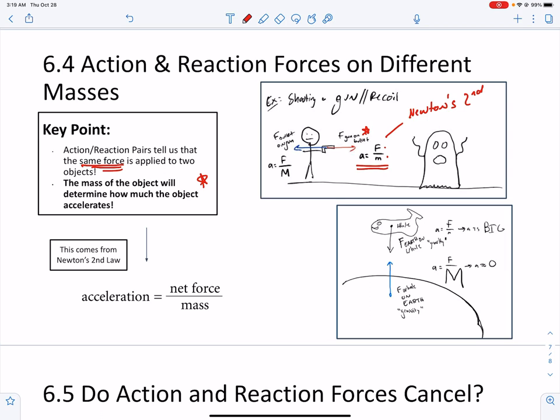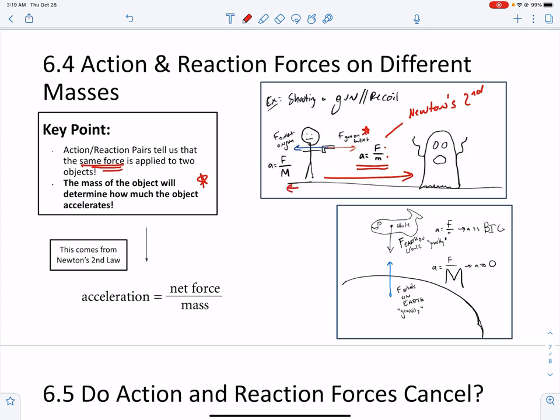And at the same time, because all forces occur in pairs, this is Newton's third law, if there was a force of the gun on the bullet, there must have been a force of the bullet on the gun, the bullet pushing back on the gun. And yet the bullet zooms off, and the gun barely moves at all.